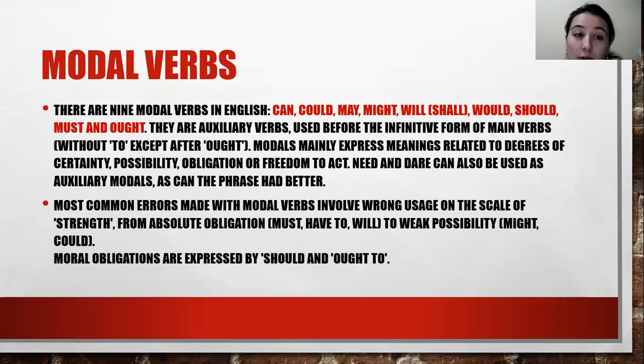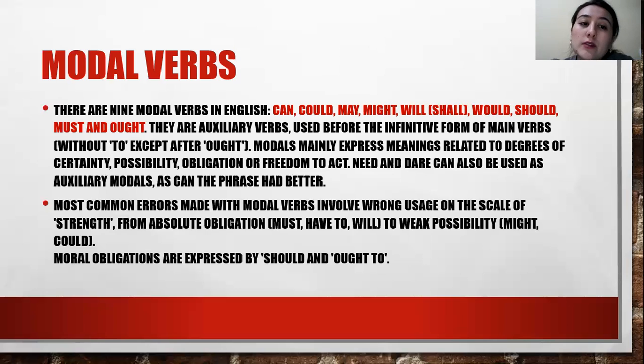So, what about modal verbs? There are nine main modal verbs in the English language. They are can and could, may and might, will and shall, would and should, must and ought. We know that this kind of modal verbs are called auxiliary verbs, and after auxiliary verbs, we have to put a main verb in an infinitive form.